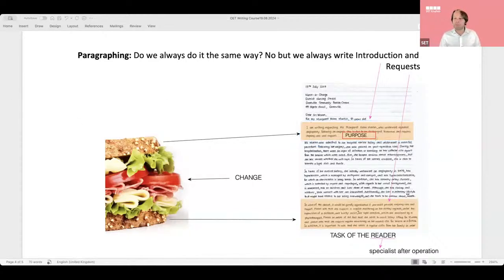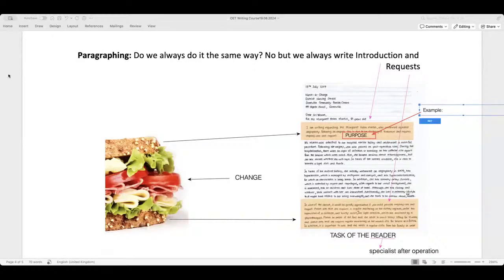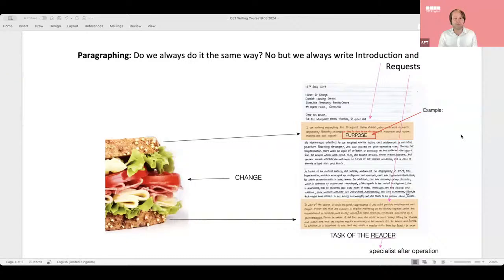What do we mean by purpose, Priyanka? Can you give me an example of a purpose that you might see in OET? Like if I'm writing regarding Mr. name and then a diagnosis of something. What's the purpose that you might write in? He requires further monitoring or care. So monitoring, guys, right? Fantastic.